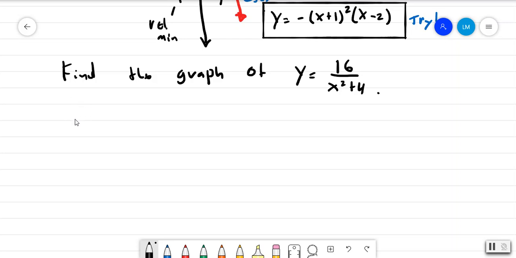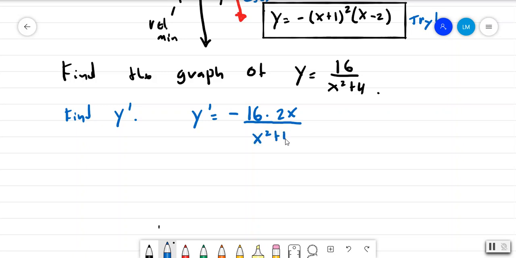So we can say that first we want to find y prime. So y prime using the reciprocal rule is negative 16 times 2x divided by x squared plus 4 to the second power.